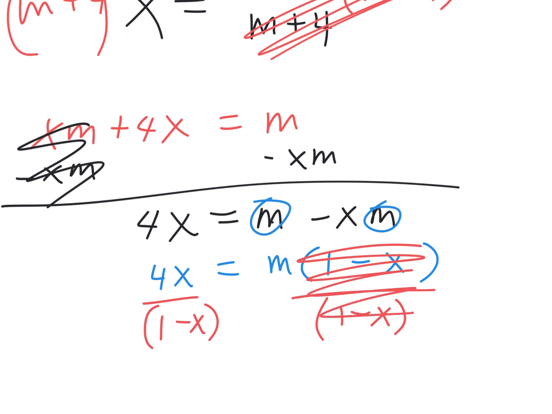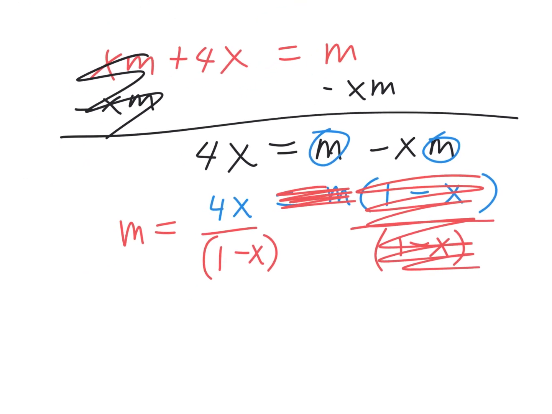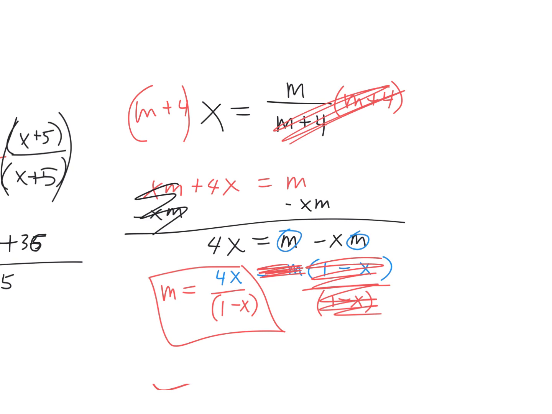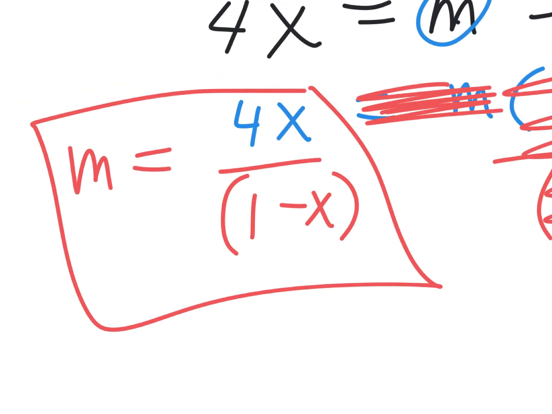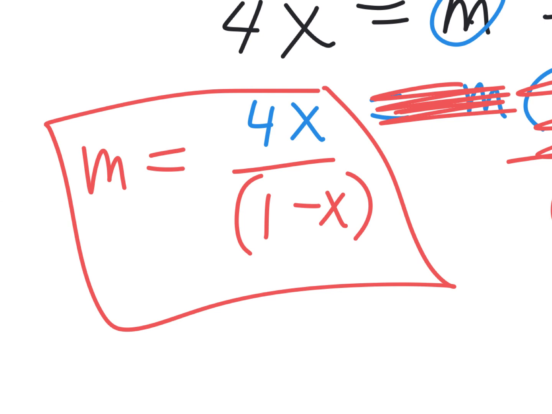And now the m is alone. I can switch the m to the other side if it's an equals. So there we go. You guys may recognize this as part of the solving process if you're finding inverses. But the key here was, do you know how to solve it when there's complicated factoring involved and stuff?